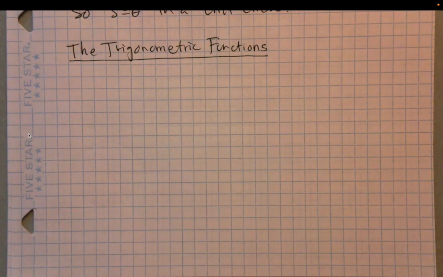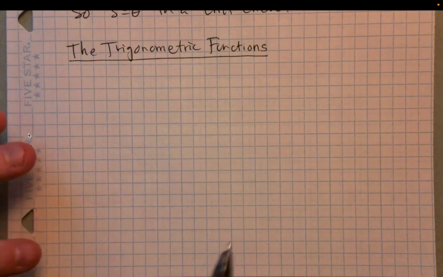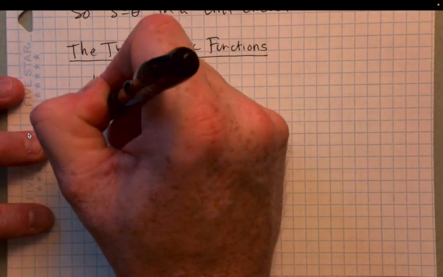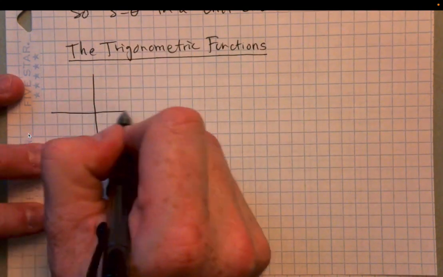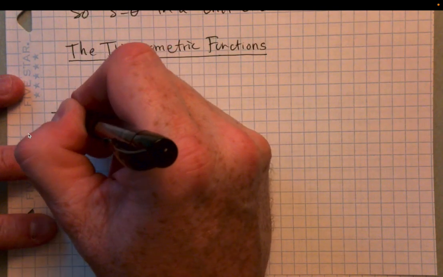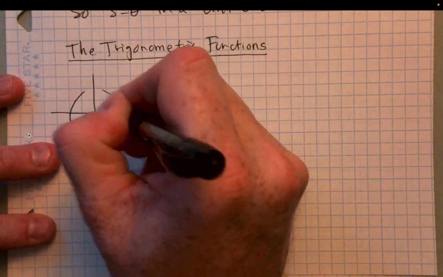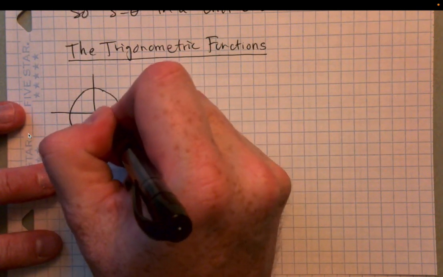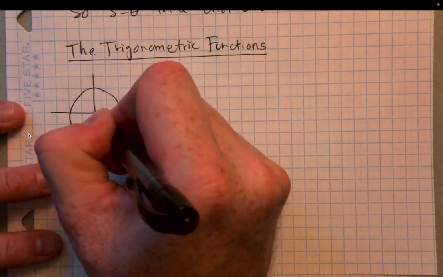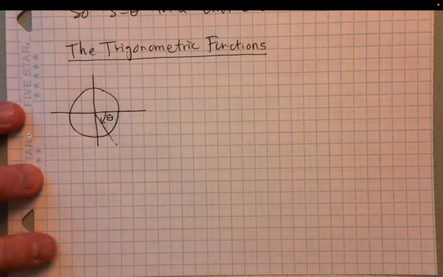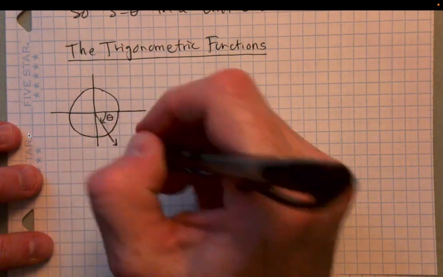And you'll see that they're based on a very simple definition, right? So I'm going to draw a picture first just so we can reference it in the definition. Again, this is just a unit circle. I've got a unit circle, and on that unit circle I'm going to have some arc, in relation to this angle theta.